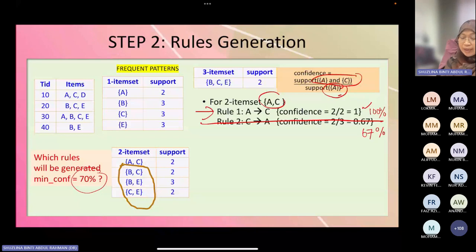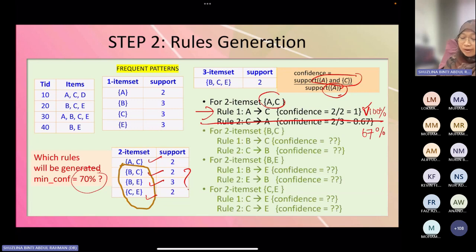So this is for the 2-item set of A and C. How about B and C, B and E, C and E? We need to continue with the rest of the possible combinations, check the confidence values, and prune, or remove, all the ones that do not satisfy the minimum confidence value.